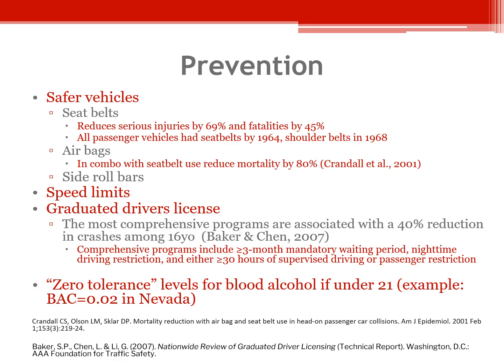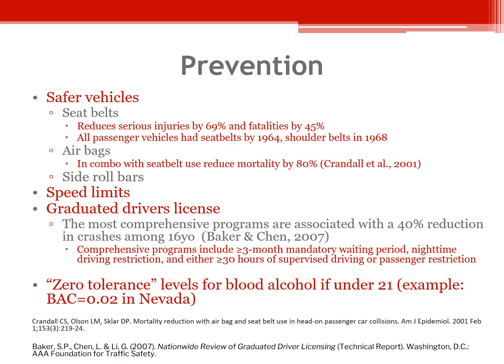So some of the elements included in these comprehensive graduated programs that the evidence shows work are a 3-month mandatory waiting period after you turn 16 before you can get a license, and nighttime driving restrictions. In a lot of states, once you get your license, you can't drive at night until several months have passed.